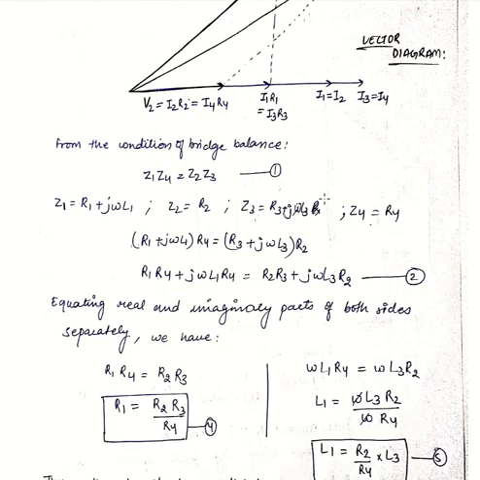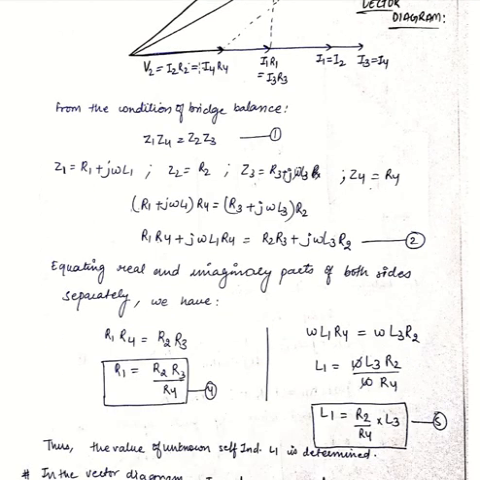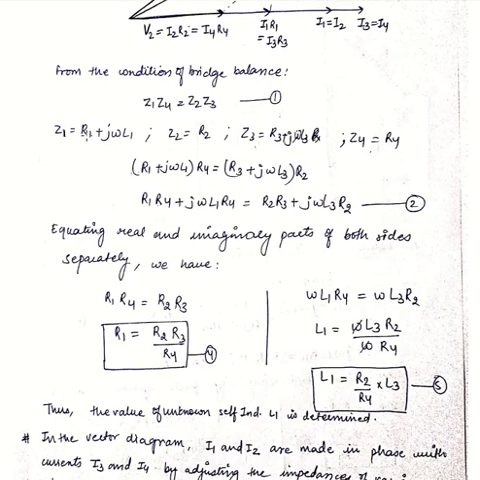Now coming to the bridge balance, from the condition of bridge balance, we have Z1 Z4 equals Z2 Z3. Our Z1 is R1 plus j omega L1, Z2 is R2, Z3 is R3 plus j omega L3, Z4 is R4.